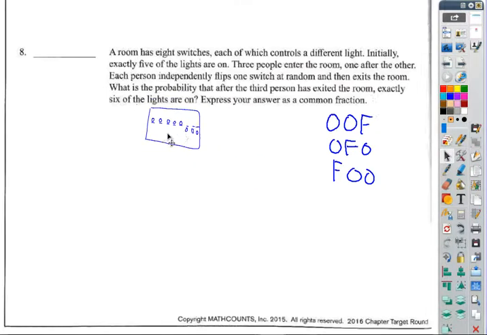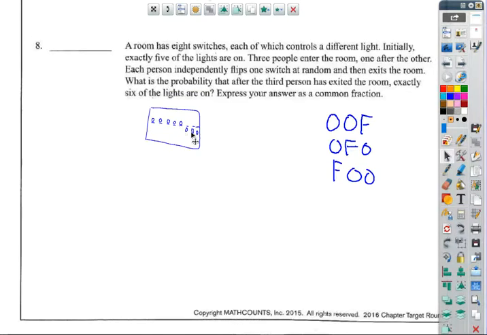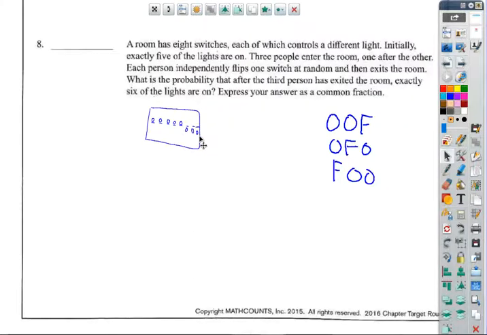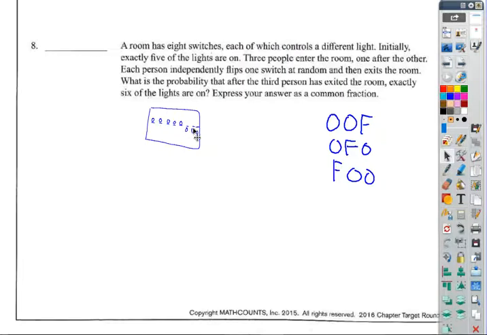Alright, that's the best we're going to get, I think. Alright, so we have the diagram over there. We don't really need that from this point on.